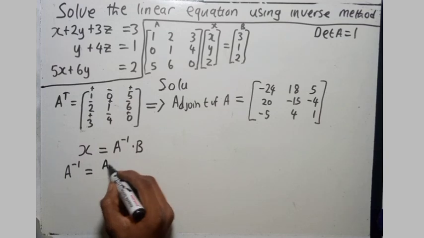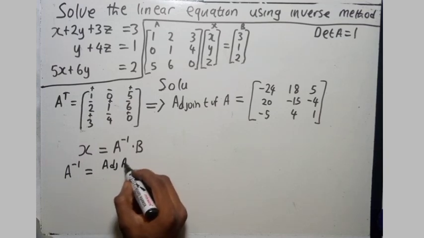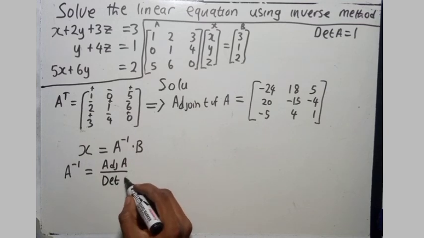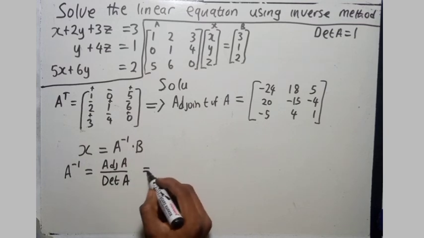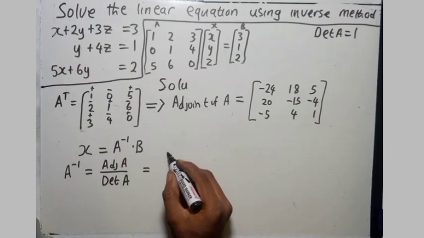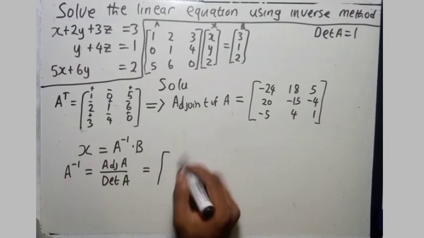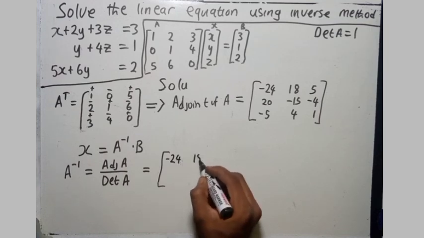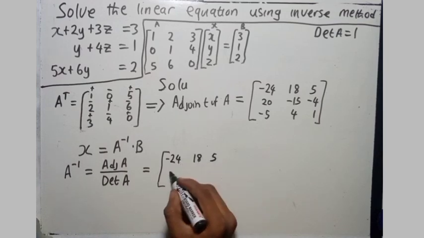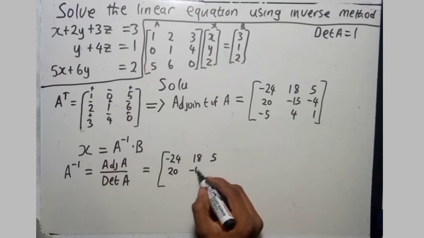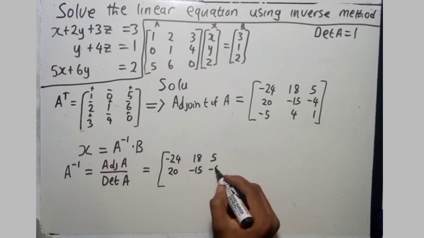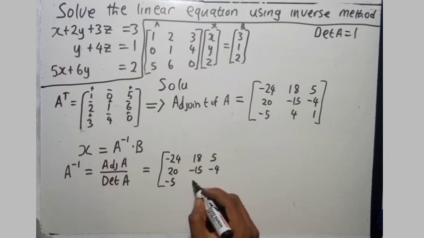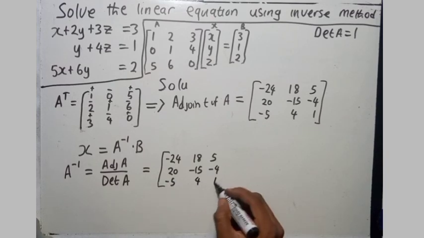We say this is what, adjoint of A over determinant of A, and we got our adjoint to be what, that minus 24, 18, 5, 20, minus 15, minus 4, then minus 5, 4, and 1.